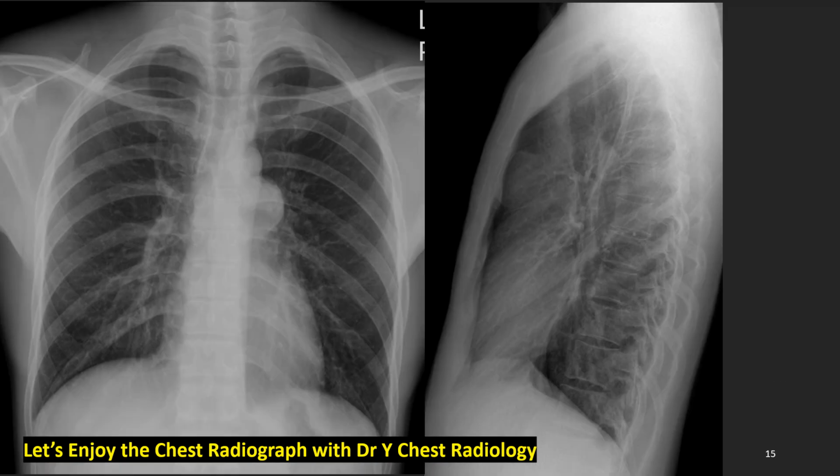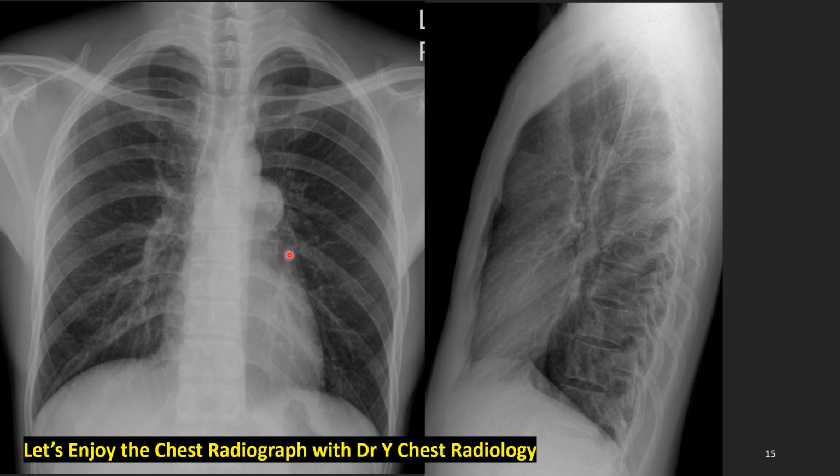Let's see the second case. What do we see? About 3 cm, mediastinally broad-based, well-defined, homogeneous mass. Yes, mediastinal tumor. An aorta line is preserved. That means not posterior.